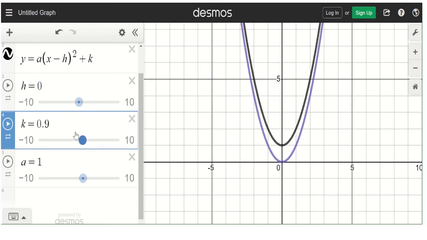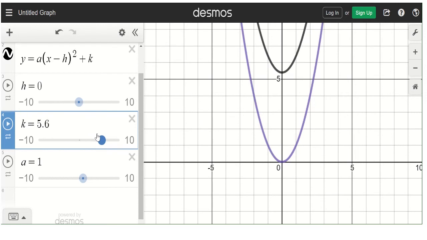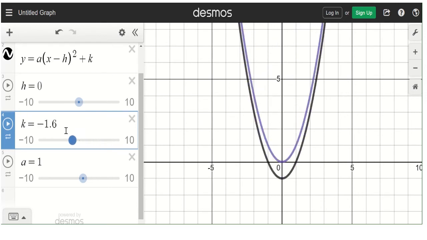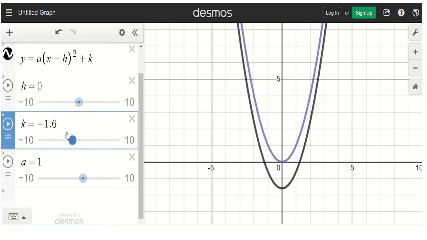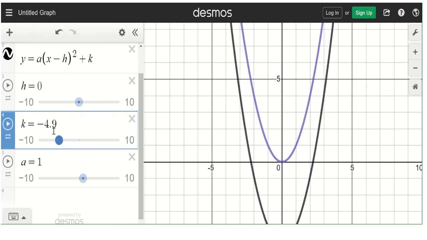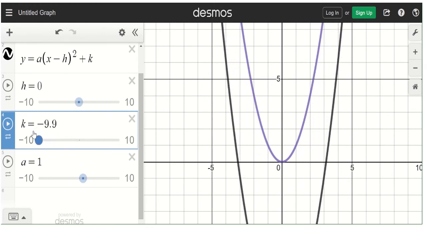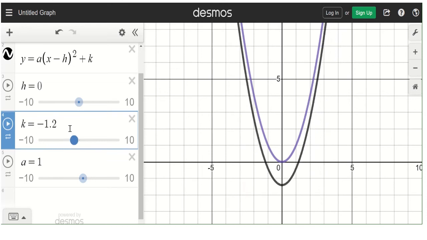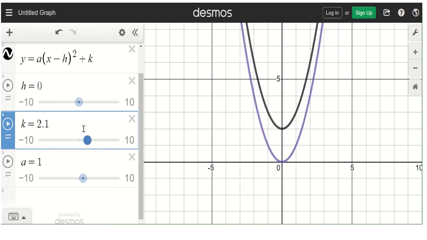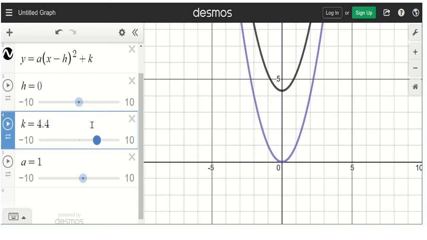The purple one, remember, is my standard. My black one's moving up. When I go negatives, my graph is moving down. Again, the purple one's the normal one. And the more negative I get, the more my graph moves down, and the more positive I get, the more my graph moves up.